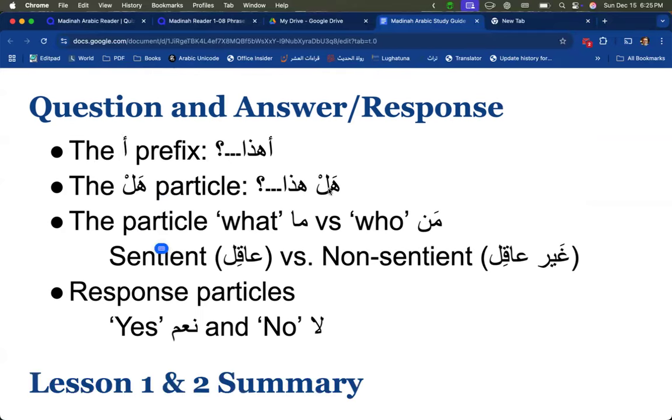Like that. You can also say هل, right? هل هذا. Instead of the hamza you can say هل. It's the same exact thing. هل هذا مكتب؟ هل هذا التلفزيون؟ تلفاز؟ Yeah. هل هذا مسجد؟ Yeah, you can say that.